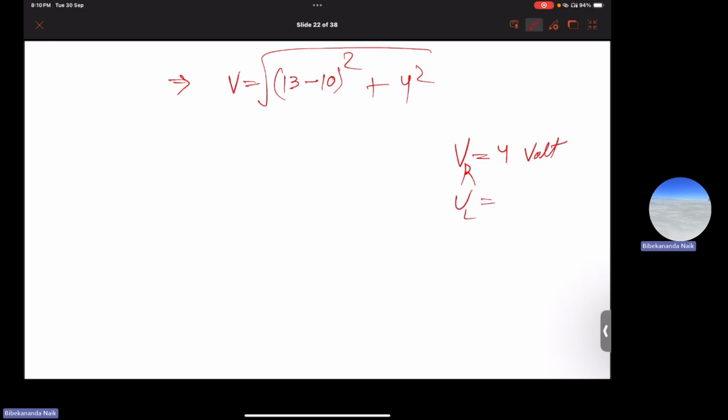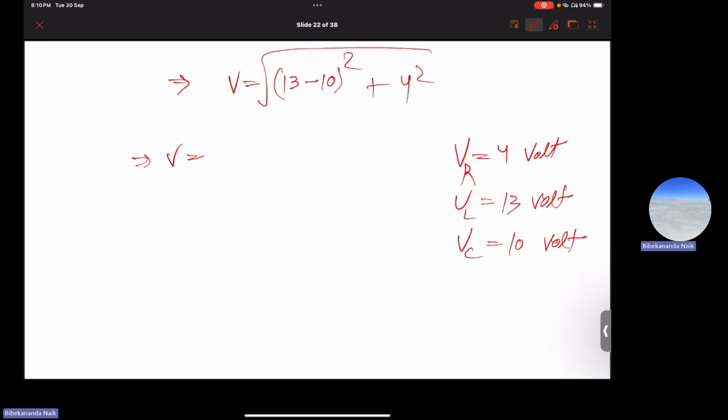That implies V equals the square root of (13 minus 10) square plus 4 square. Because here it is mentioned in the question, VR is 4 volts, VL is 13 volts, VC is 10 volts.